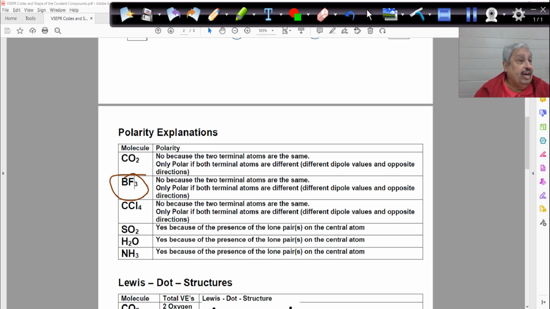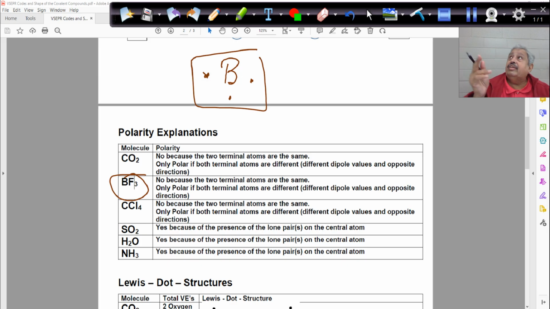Group 3A will have 3 valence electrons. Boron is a non-metal, correct? Boron will have 3 valence electrons. And then fluorine, 17 minus 10 makes 7. That's 7A.